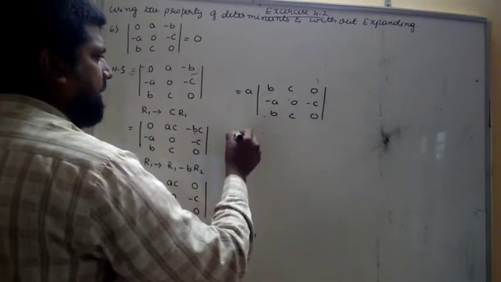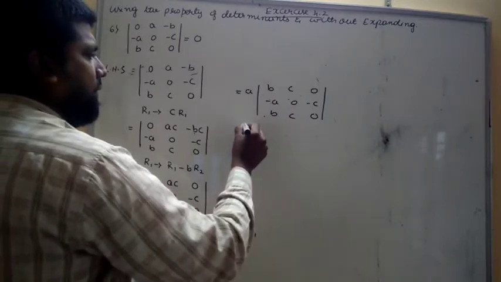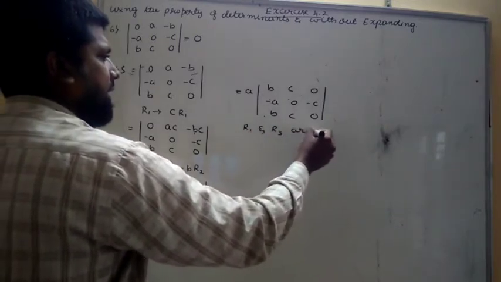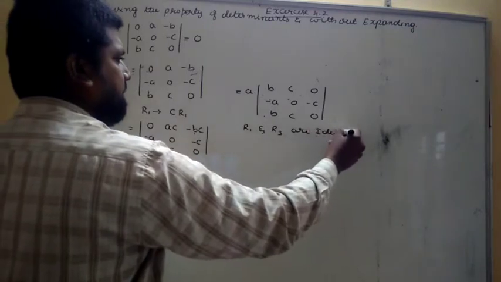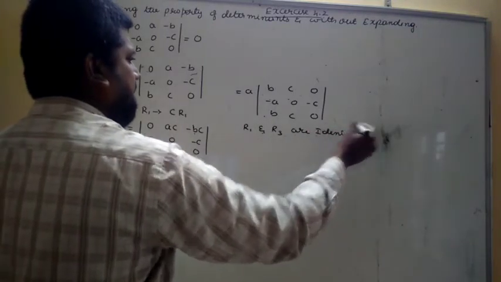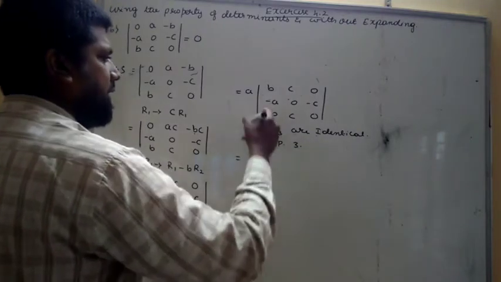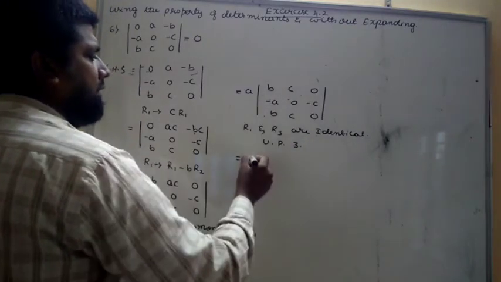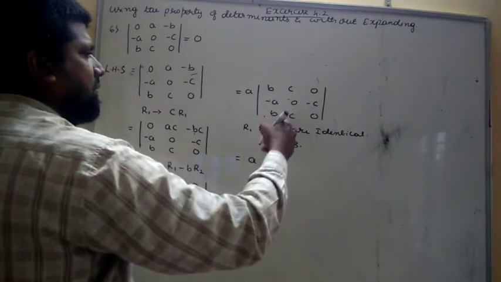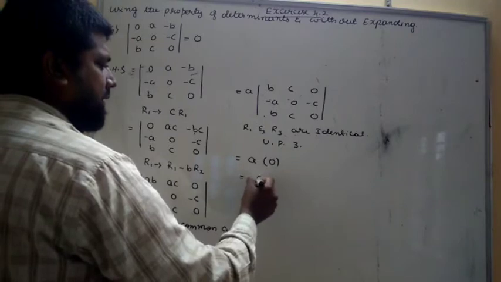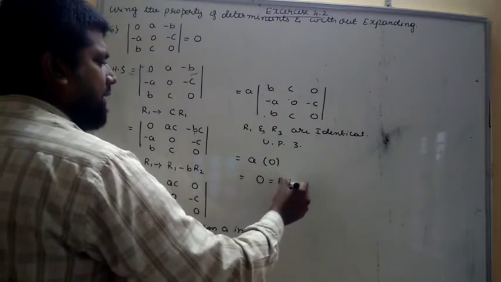So if you observe the determinant, row 1 and row 3 are identical. Using property 3, the property says that if two rows or two columns are identical, then the value of the determinant will be 0. Then that is equal to 0, that is equal to RHS.